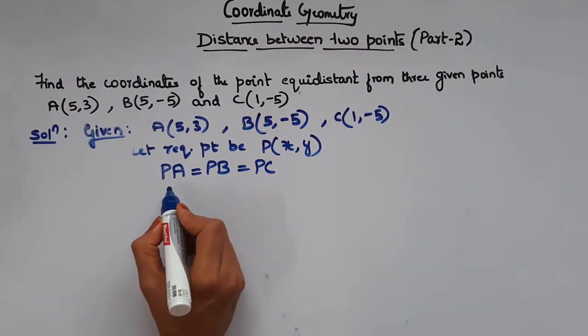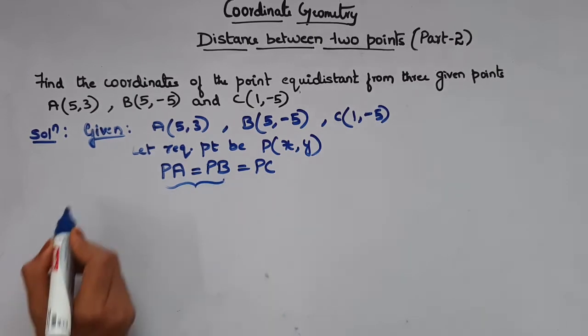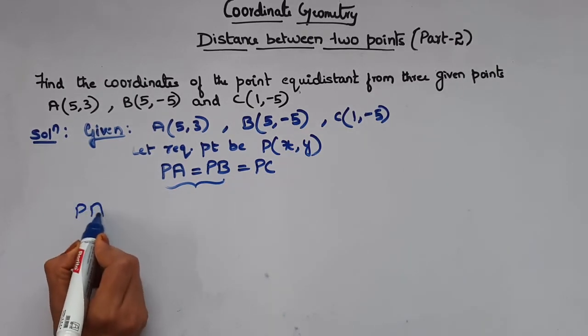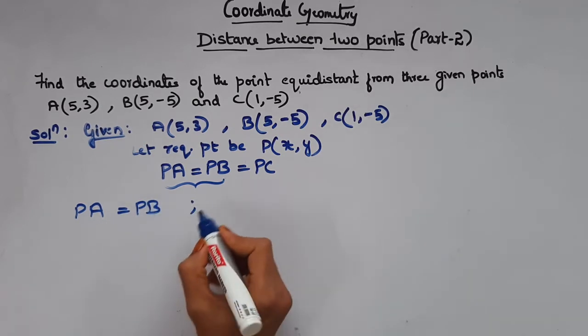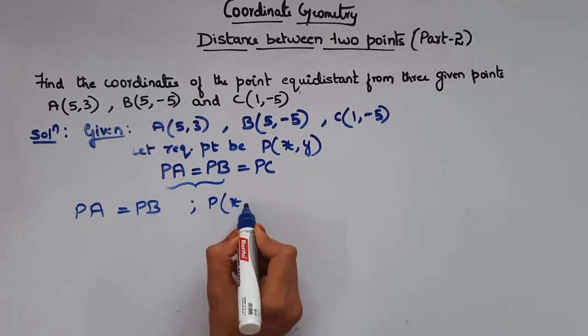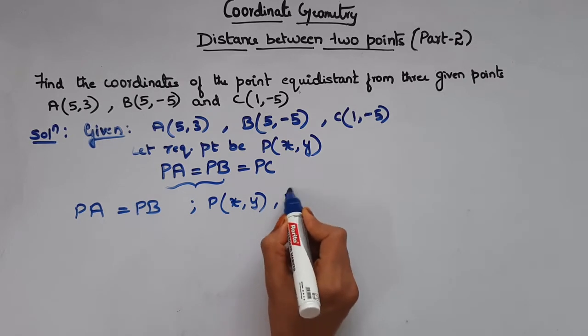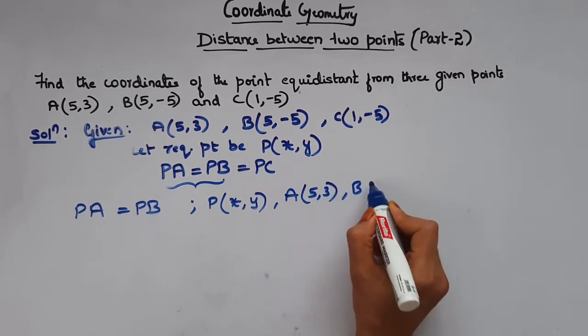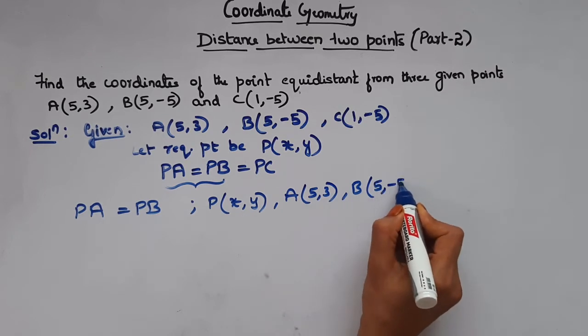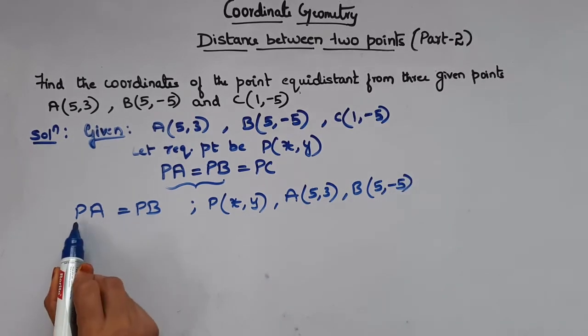Alright. So now first let's take this relation. We have PA is equal to PB, right? Here P is (x, y), A is (5, 3) and B is (5, -5). So now we have PA.